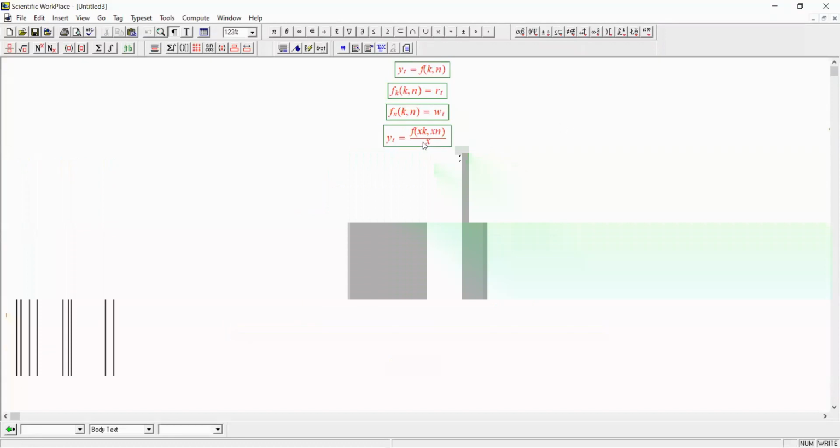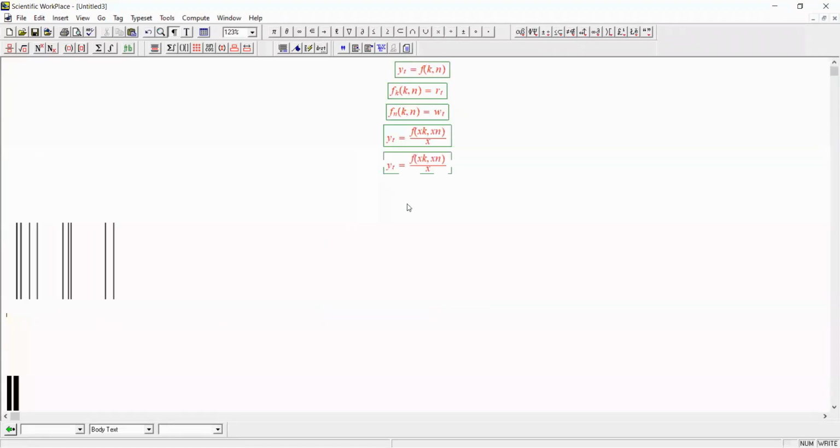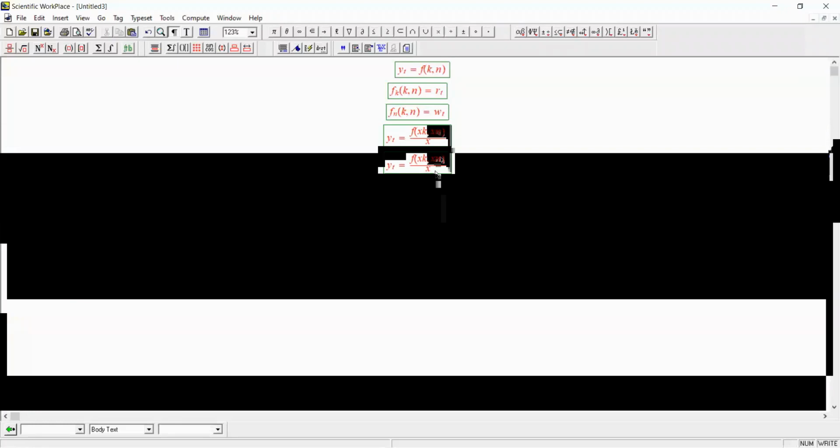And now let's send x to 0. So in the limit as x goes to 0, what are we going to end up with? Well, L'Hopital's rule tells us that we should differentiate the top and bottom of this by x. And so the derivative of this by x is just 1. So it's gone.